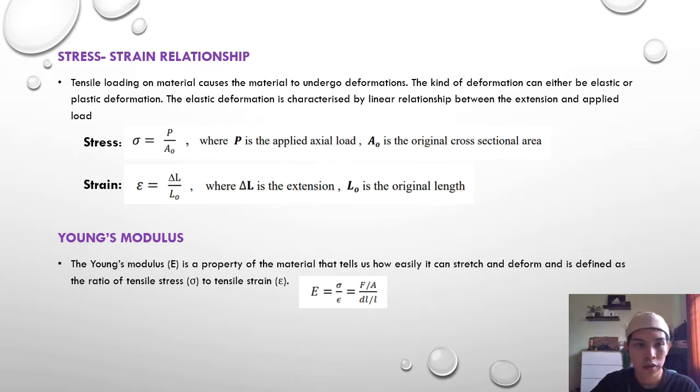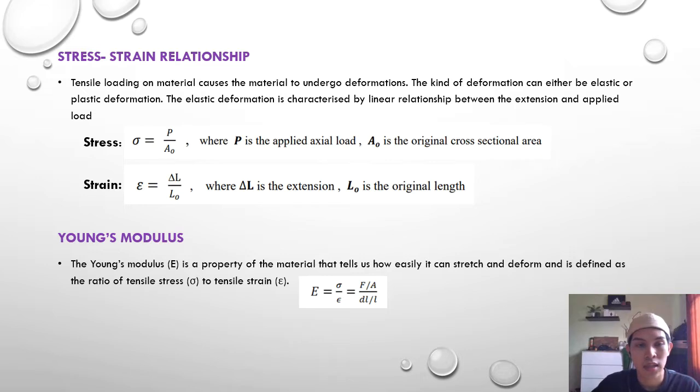Now we move to the stress-strain relationship. Tensile loading on a material causes the material to undergo deformations. The kind of deformation can be either elastic or plastic deformation. The elastic deformation is characterized by a linear relationship between the extension and applied load.